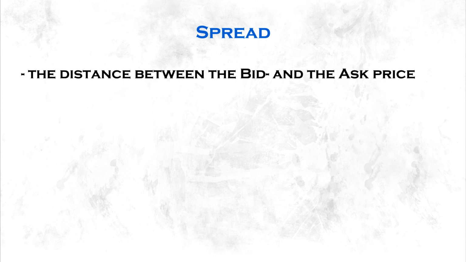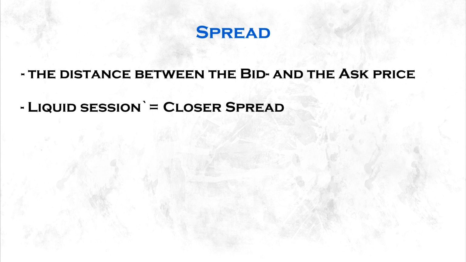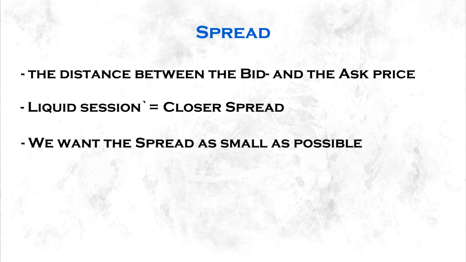If it is a very liquid session, the spread is typically closer, so you probably get closer to the exact price. We as traders want the spread as small as possible, because when the spread is smaller, you can get a more accurate price.